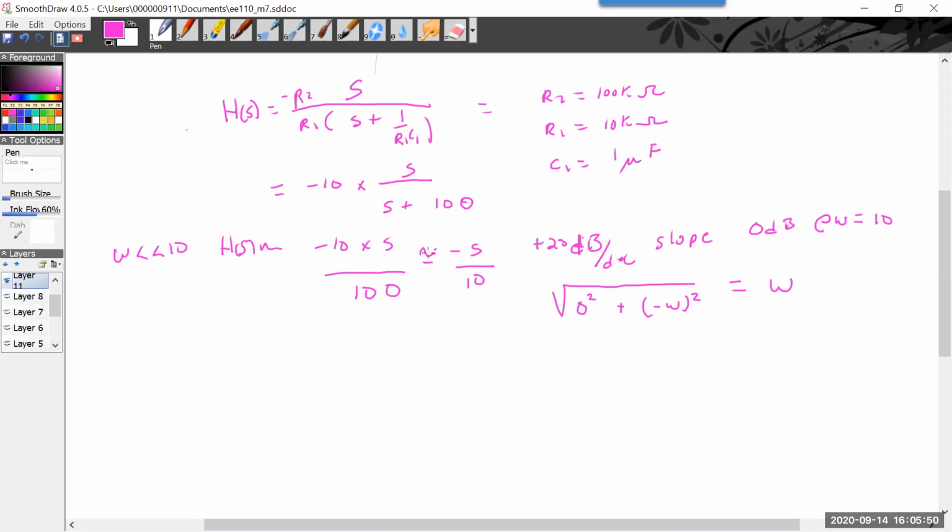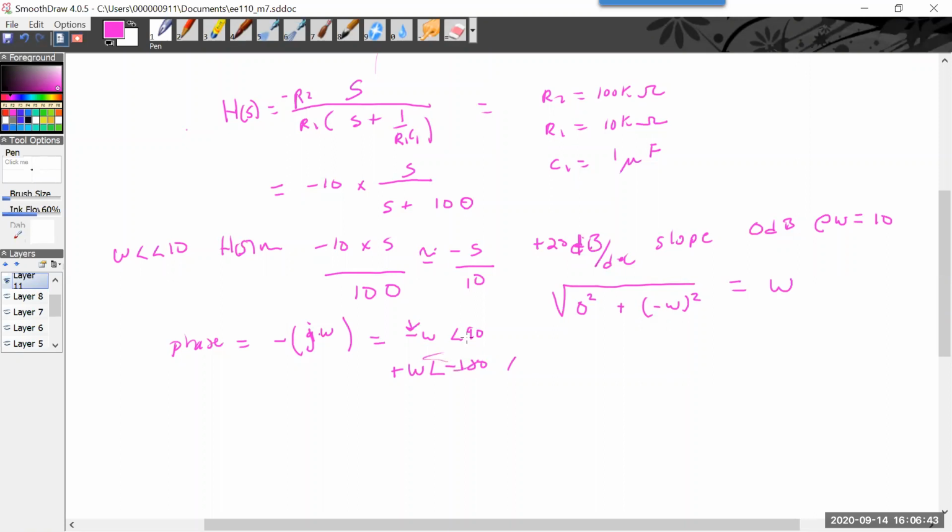All right. The phase. I have minus j omega, which is minus omega, but the minus sign gives a phase of minus 180.